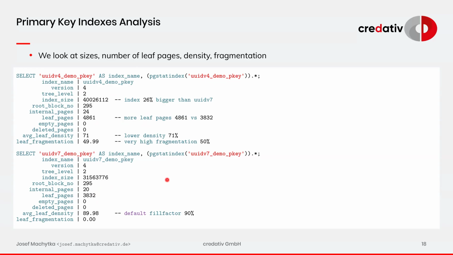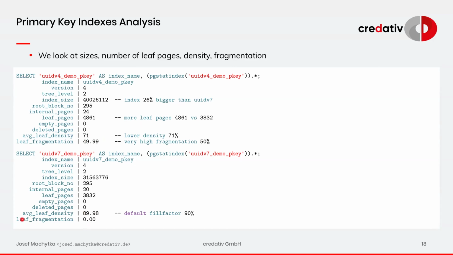We can also see that those leaf pages have a lower density. There is this default fill factor of 90%, and UUID version 7 actually uses that fill factor almost fully. And the average leaf density of that primary key index on UUID version 4 is only around 71%.